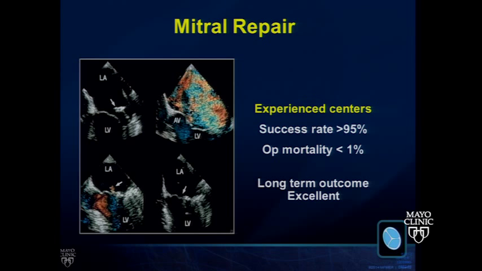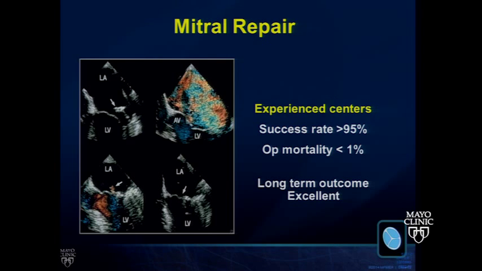Well, in the past, when we only had mitral valve replacement, we said you would never do it because mitral valve replacement used to have an operative mortality of 8 to 10%, and there are all the problems with the prosthetic mitral valve. But over the years, the surgeons have developed mitral valve repair. And in experienced centers, repair can be done with a greater than 95% success rate, an operative mortality less than 1%, and an excellent long-term outcome.